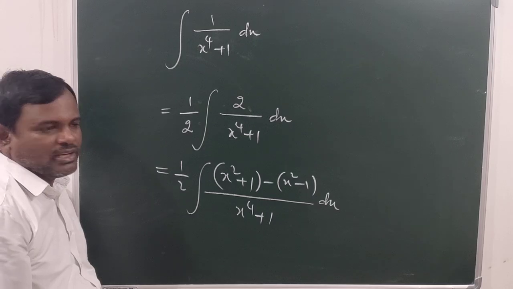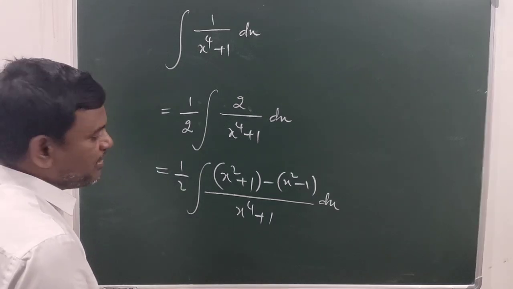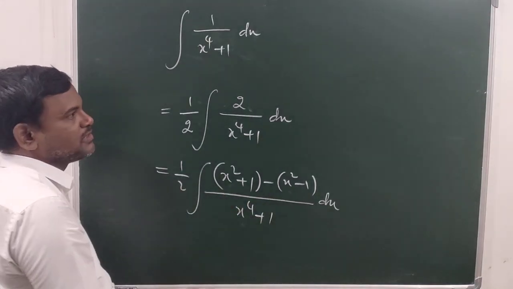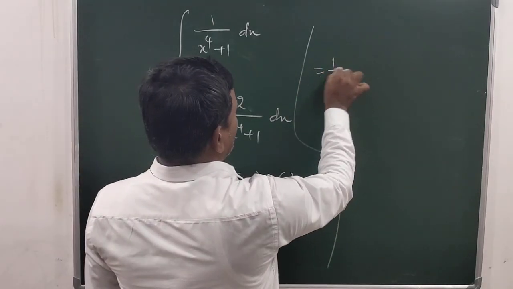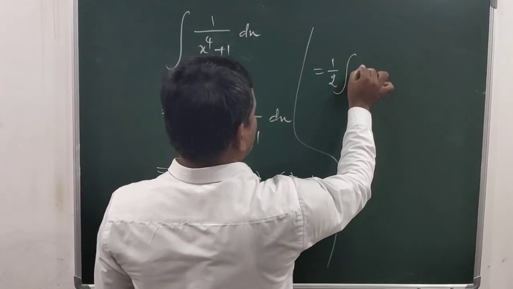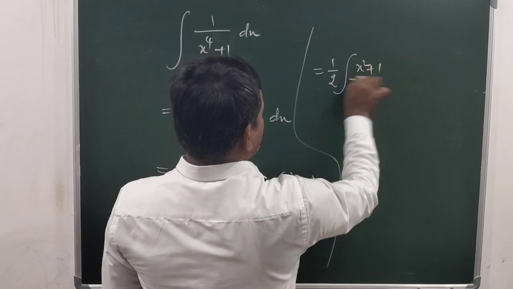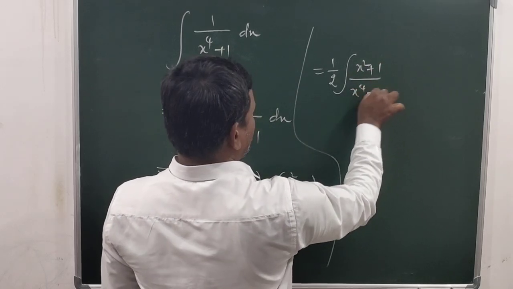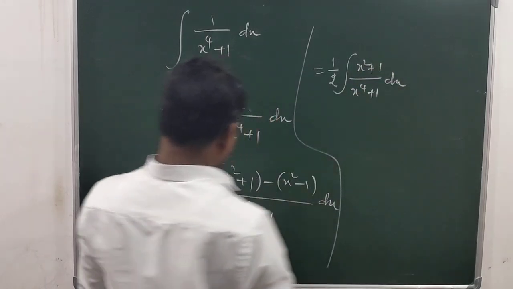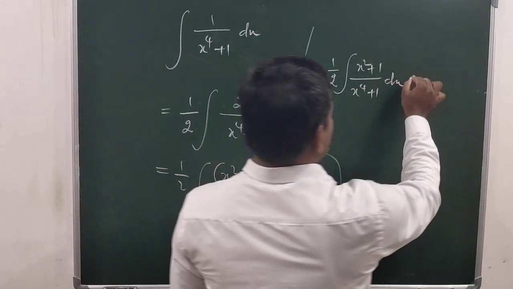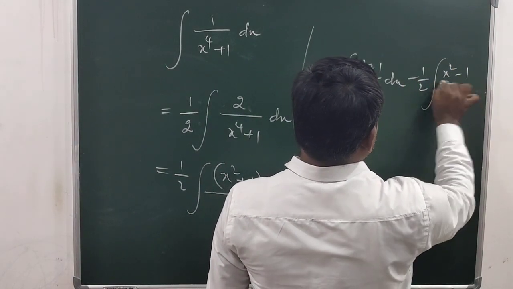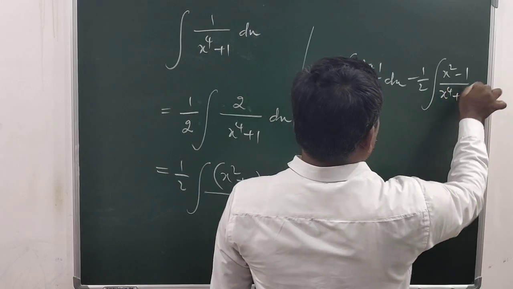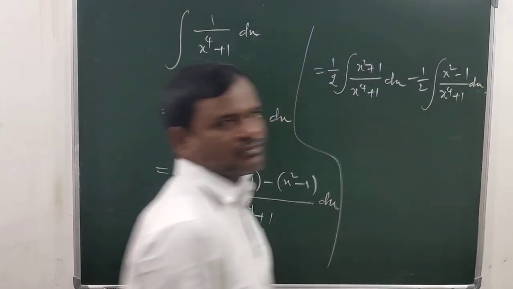In the next step, we divide this by this and this by this, so that you get two integrals. 1 by 2 integral of x square plus 1 by x to the power of 4 plus 1 dx, and minus 1 by 2 integral of x square minus 1 by x to the power of 4 plus 1 dx.